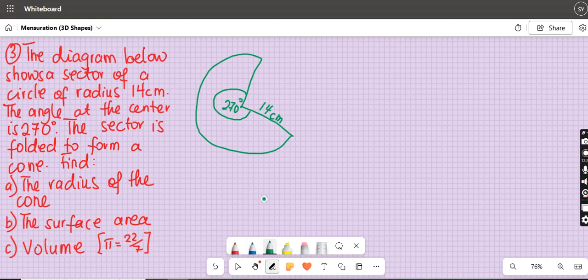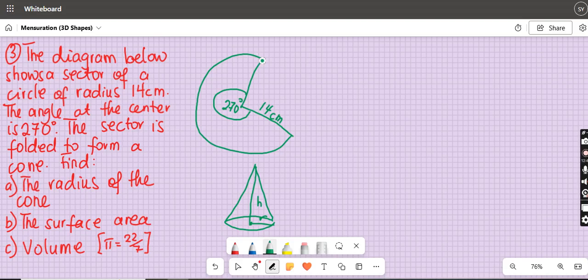All right. Now they are telling us that this was formed into a cone. When you are making a cone, you can just cut out a sector of a circle and then fold it up to form a cone. This cone will have a radius r, and then it will have a height of H. Now what is the relationship between this sector and the cone?